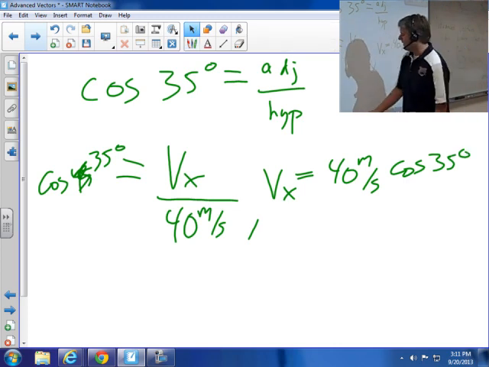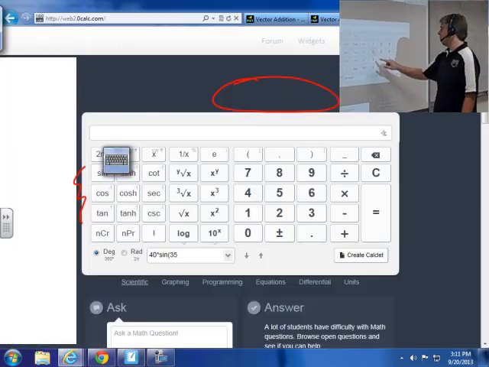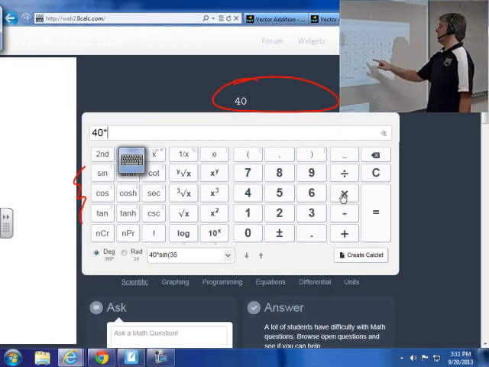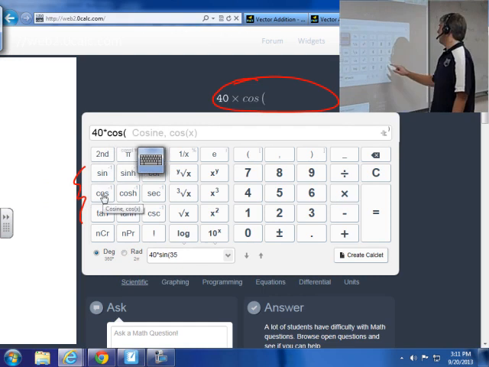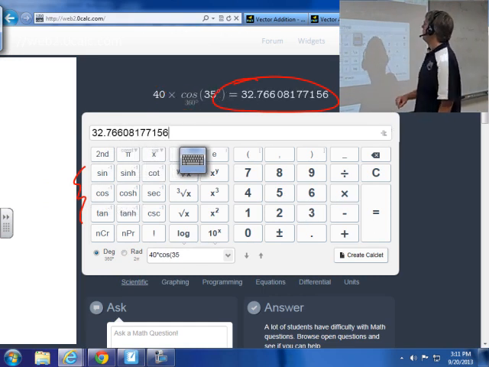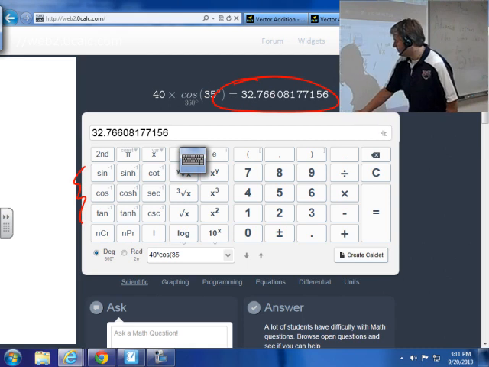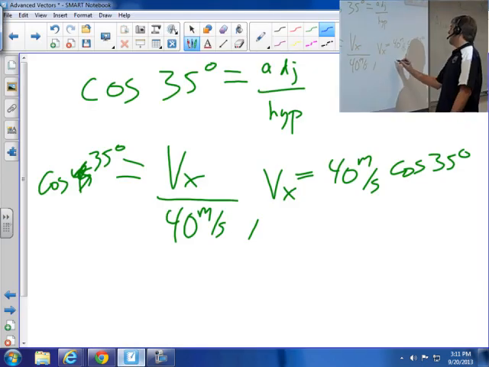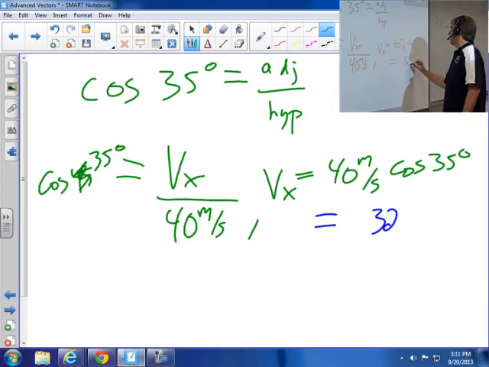And if I plug this in my calculator, 40 times the cosine of 35 degrees, I get an answer of 32.8. So apparently, Vx is 32.8 meters per second.